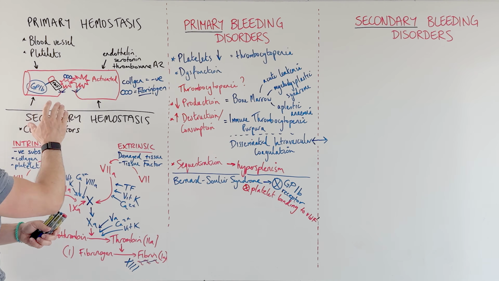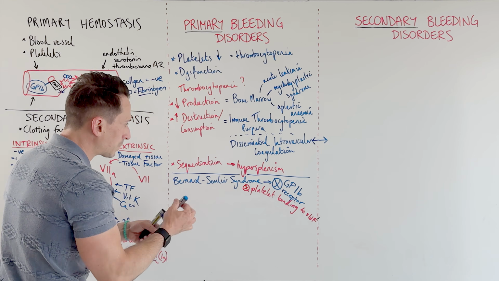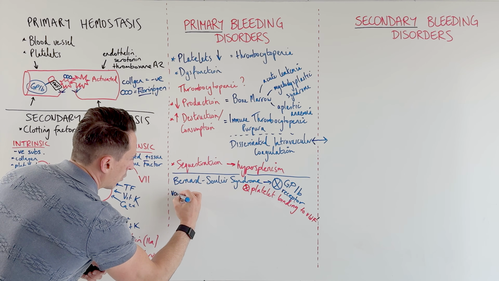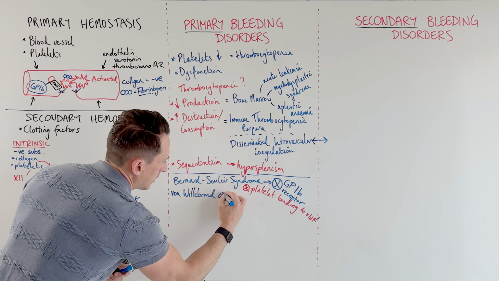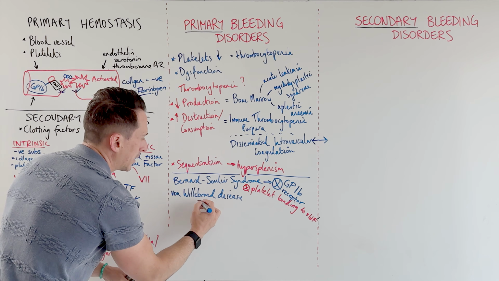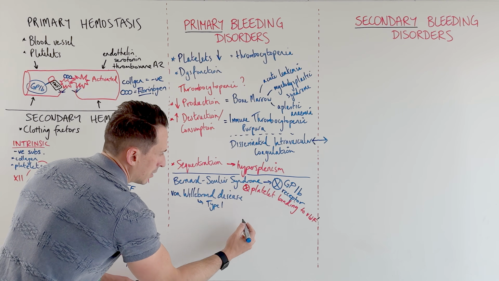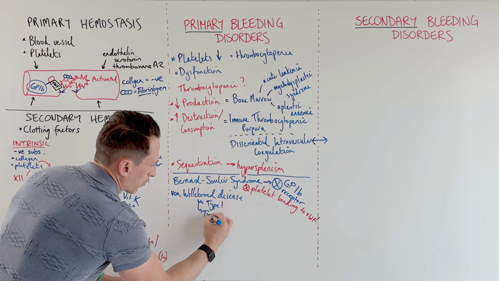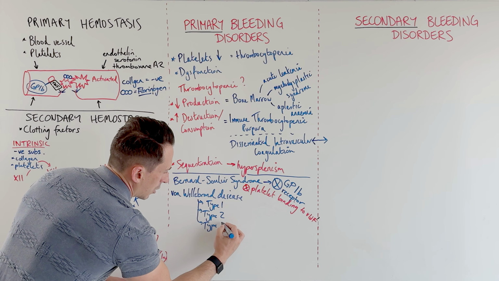You can also have von Willebrand disease as well. And there's different types of von Willebrand disease, right? So you've got type 1, type 2, and type 3.